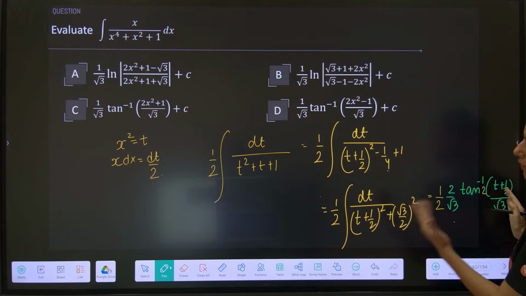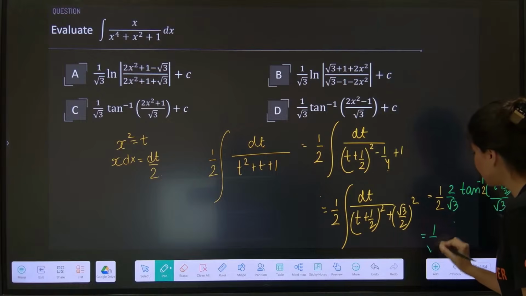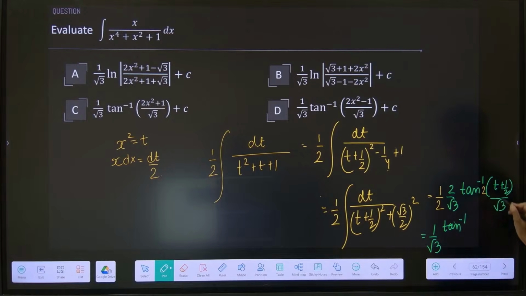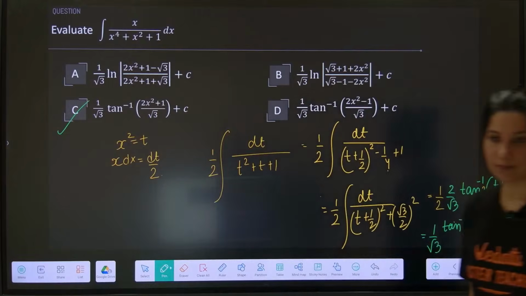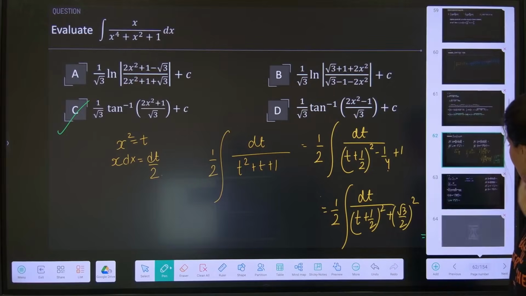Now you can just change. So it is going to be 1 upon root 3 tan inverse, and if you multiply 2, this is 2t, so 2x square plus 1 upon root 3, and this is plus c. So 1 by root 3 tan inverse. Can you see option C is absolutely right? Yes? Okie dokie.